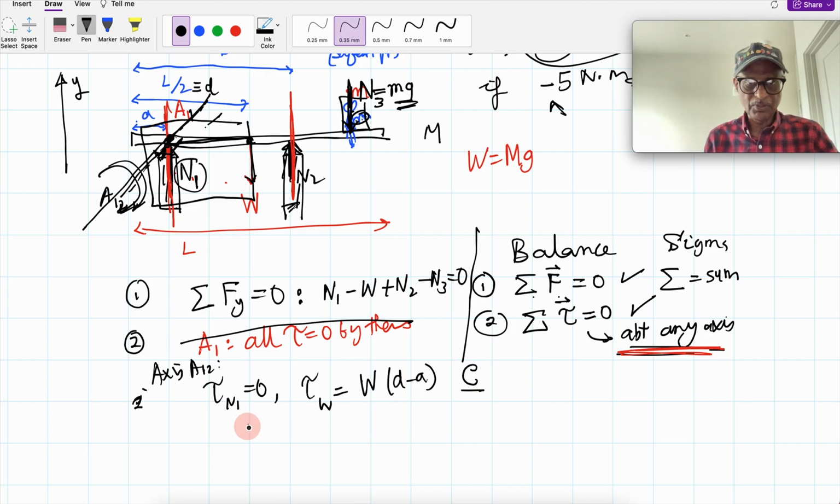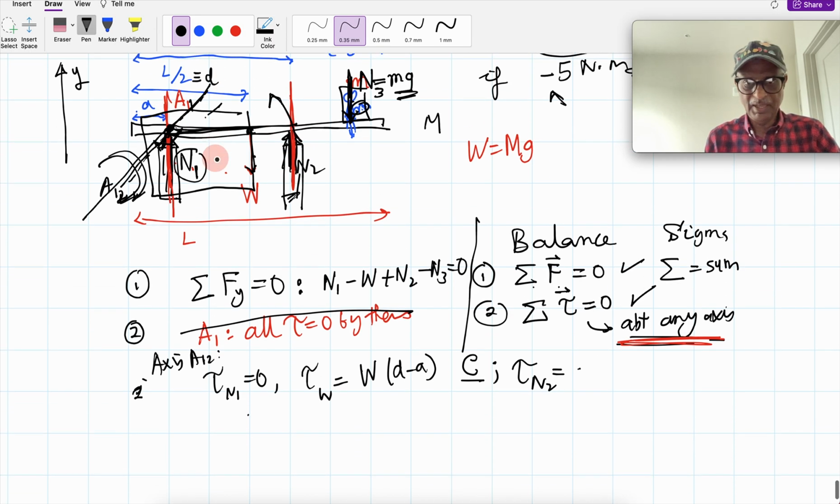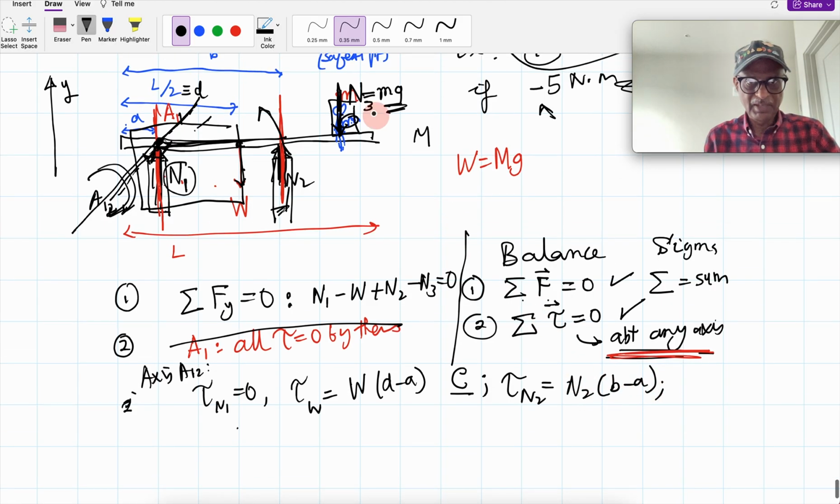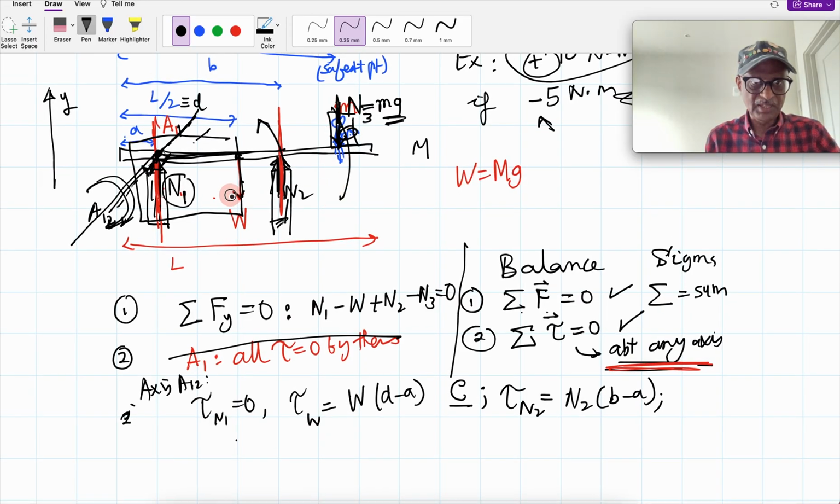And torque of N2 will be just opposite of how this was. We need the distance from here all the way here, so we have N2 times B minus A. And then I have N3, which is the same sense as this.